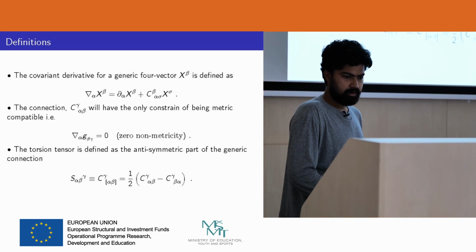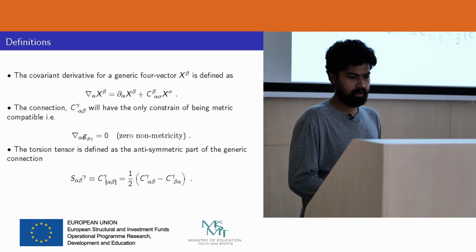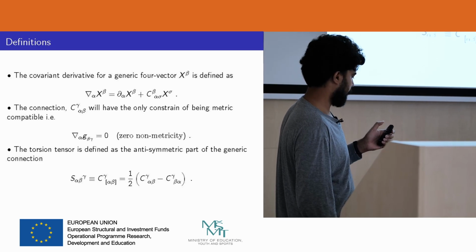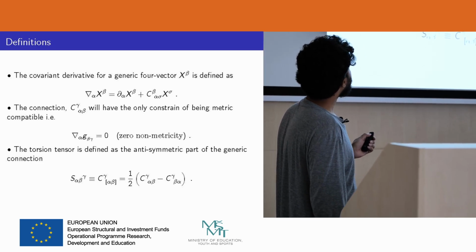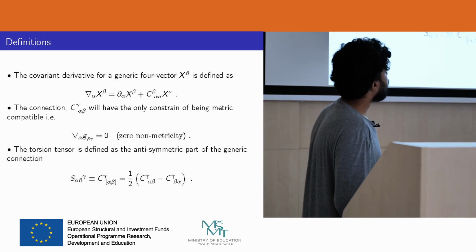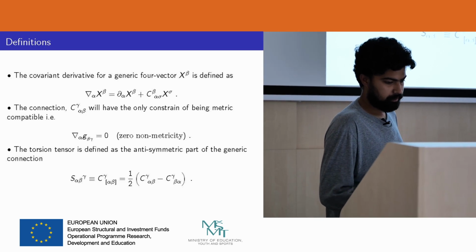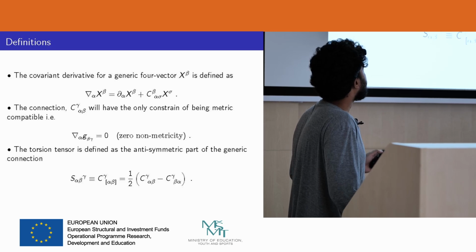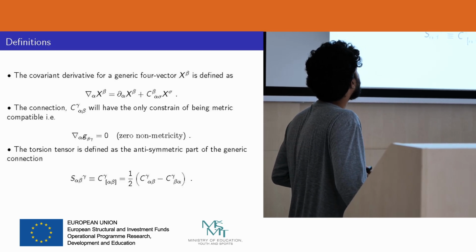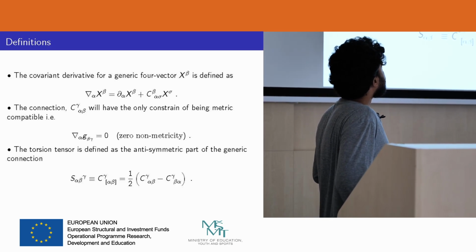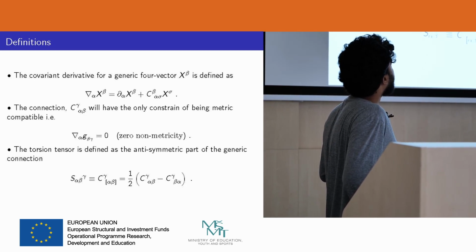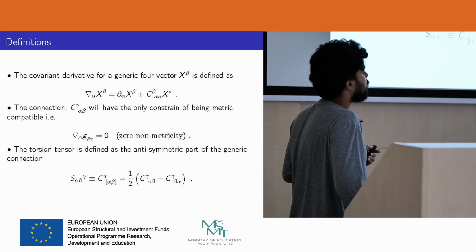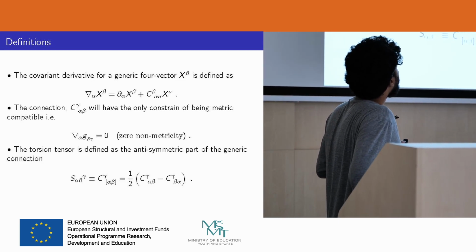So the definitions here: we see that the covariant derivative can be written as this, nabla alpha x beta, where x beta is a 4 vector, and this C beta alpha sigma is a rank 3 tensor, mixed in nature.